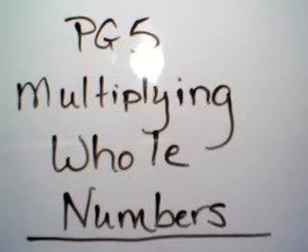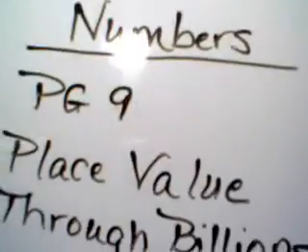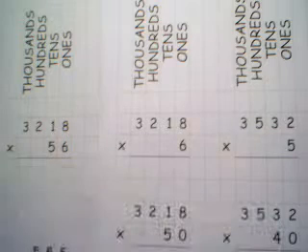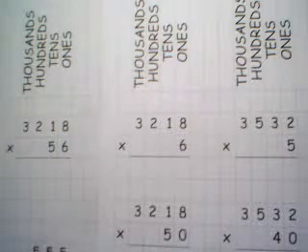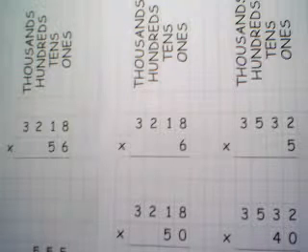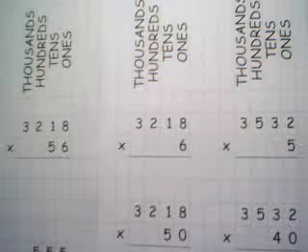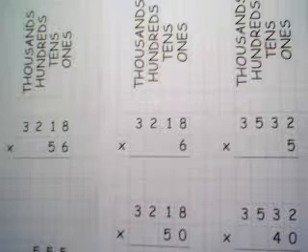Okay, in class we covered page 5, multiplying whole numbers, and page 9, place value through billions. Now one of the reasons I put these two things together is because I think place value is really important when it comes to adding, subtracting, and even multiplying numbers.